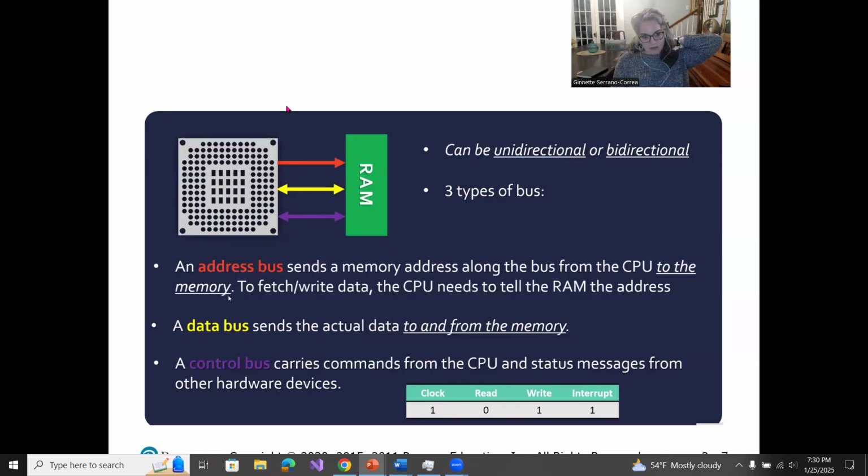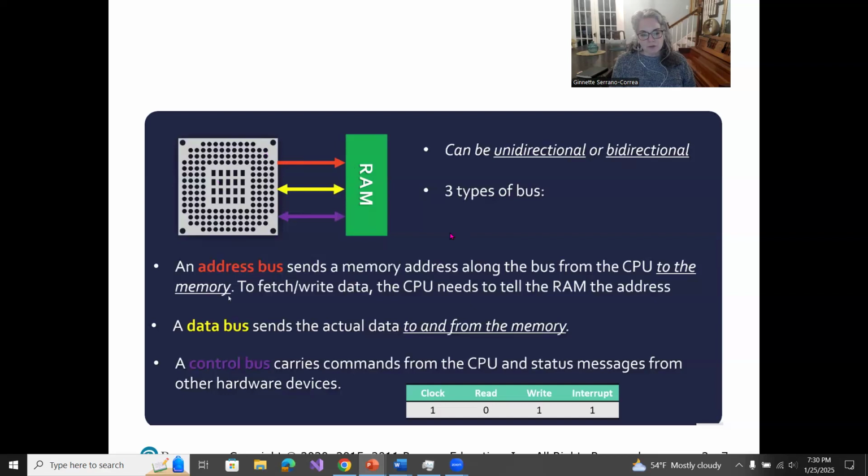So the address bus is this red arrow, and it sends a memory address along the bus from the CPU to memory. This is unidirectional. The CPU will always send the address through the address bus.